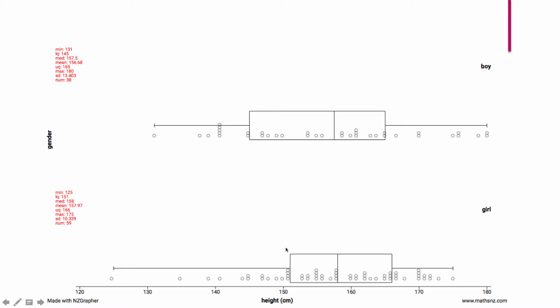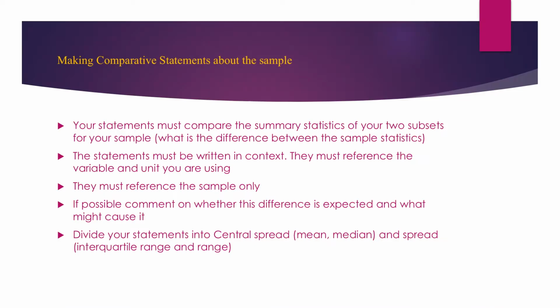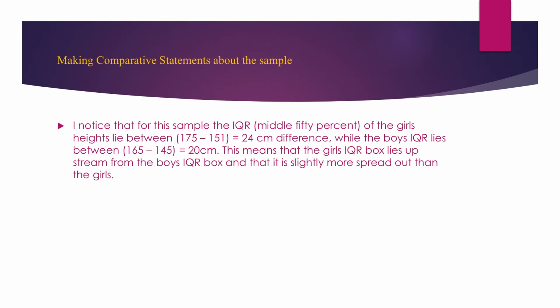And so we're going to go and say that now. We're going to make a comment on interquartile range. So I noticed that for this sample, the interquartile range, or middle 50% of the girls' heights, again context, lie between 175 and 150, which is 24 centimeter difference, while the boys' interquartile range lies between 165 minus 145, which equals 20 centimeters.